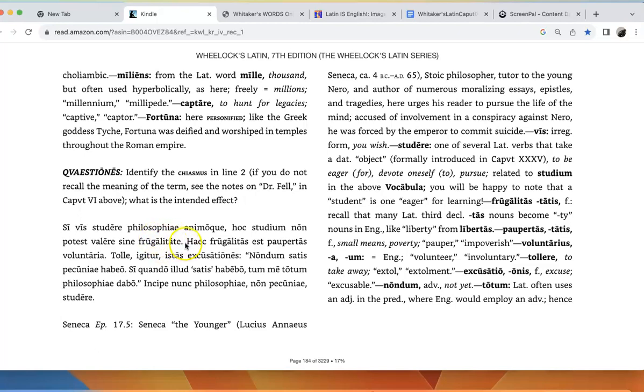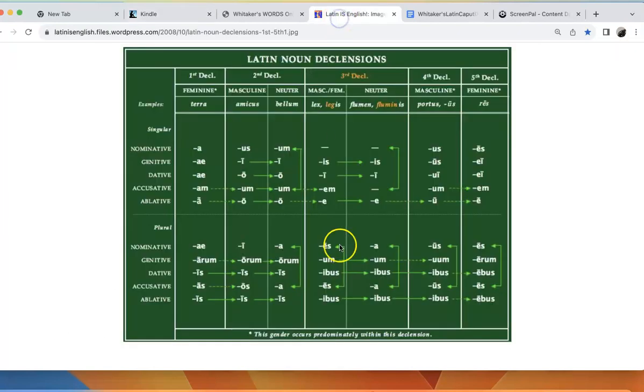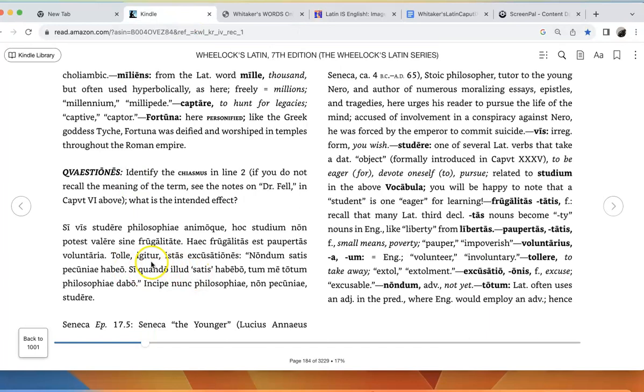At any rate, so this study or this zeal, this pursuit is not able to be well, potest valere, without frugality. So sine is always followed by the ablative. So third declension ablative singular is the letter E. So sine, and there's our E right there, sine frugalitate.